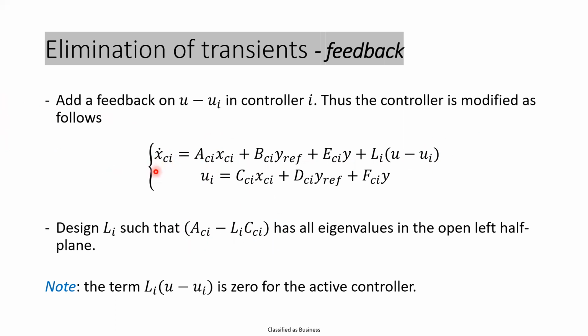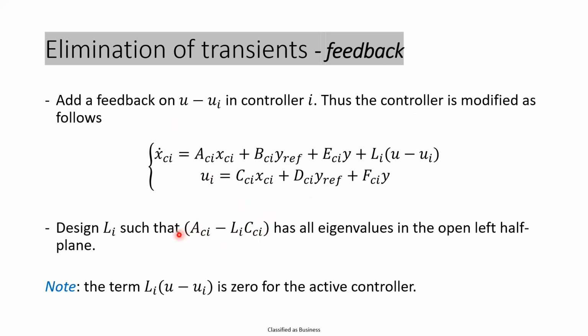If you remember from control systems, when you have X dot Ci on the left side and on the right side you have this expression multiplied by X Ci, the stability of the whole controller depends on the eigenvalues of this matrix A minus Li Ci. Therefore, we should select Li such that the eigenvalues of this matrix are in the left half plane.